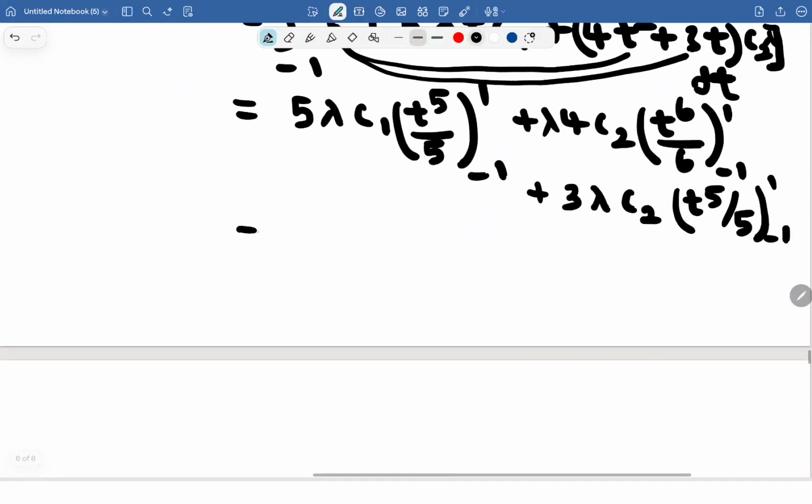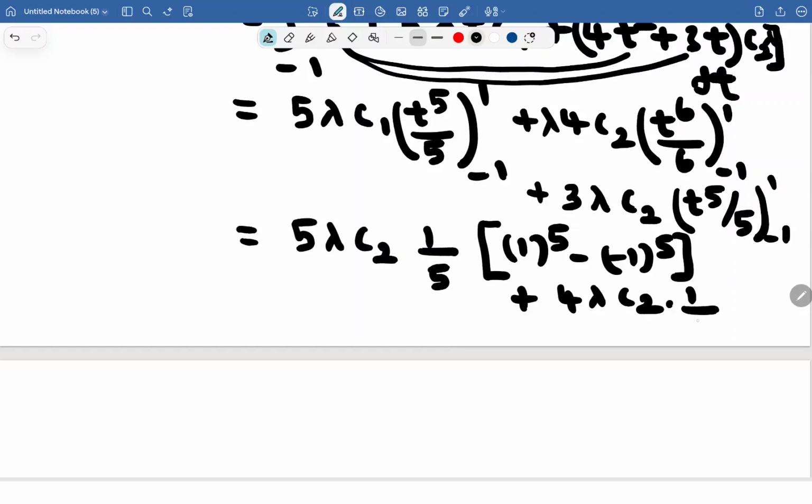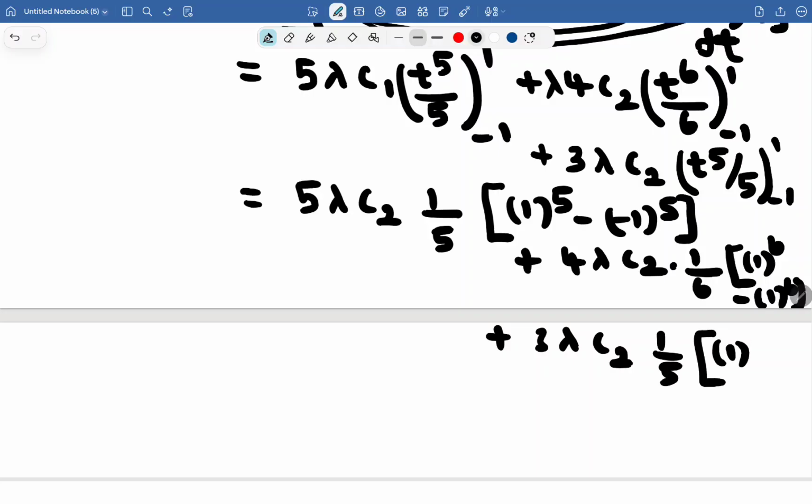Now simplifying, 5 lambda C2 into 1 by 5, 1 power 5 minus of minus 1 power 5, plus 4 lambda C2 into 1 by 6, 1 power 6 minus of minus 1 power 6 becomes again 1 power 6, plus 3 lambda C2 into 1 by 5, 1 power 5 minus of minus 1 power 5.